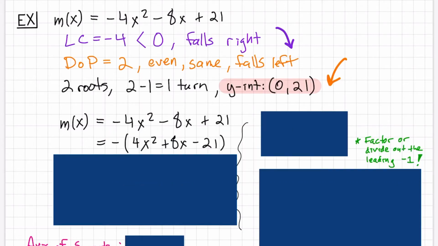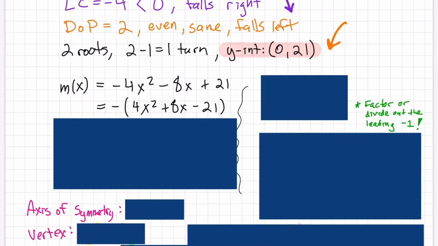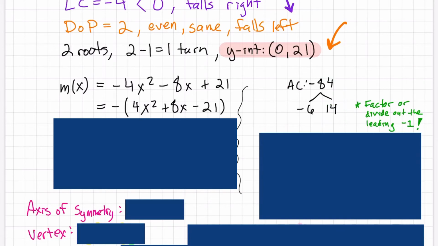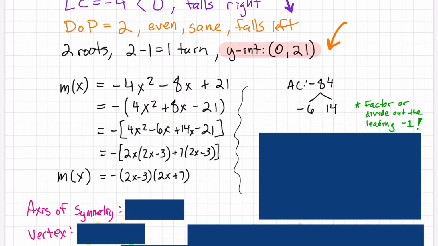So factor out that leading negative, and so now we can do the AC method. So we need to multiply 4 times -21, and we get -84. What multiplies to be -84 and adds to be 8? Well, that's going to be a -6 and a +14. So we can split up that +8 and factor that.